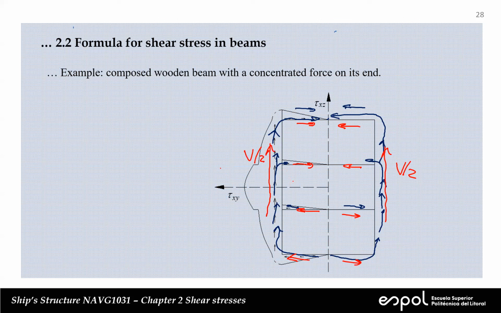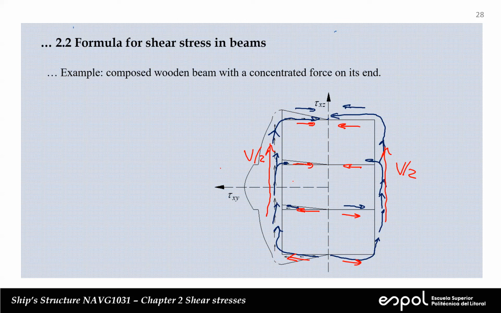So you could recuperate the contribution from one web, and that's half of the shear force, and the rest on the other web. But you have to think equilibrium all the time, equilibrium, equilibrium.